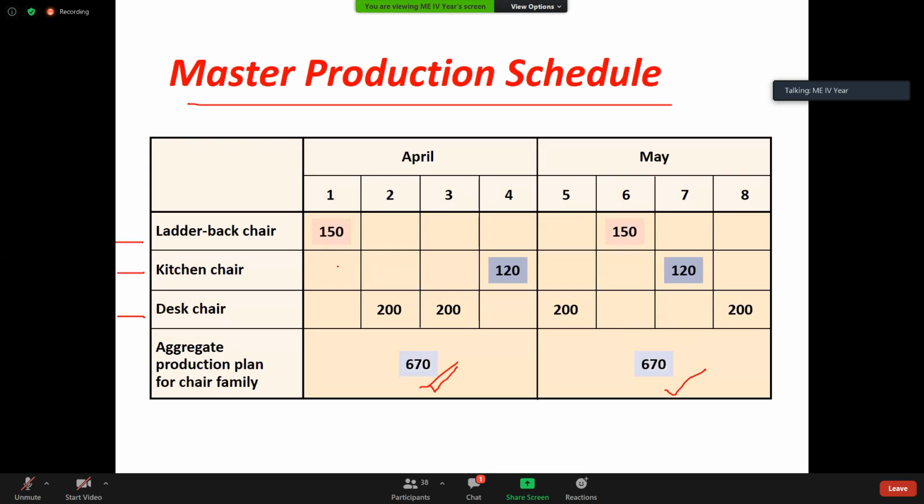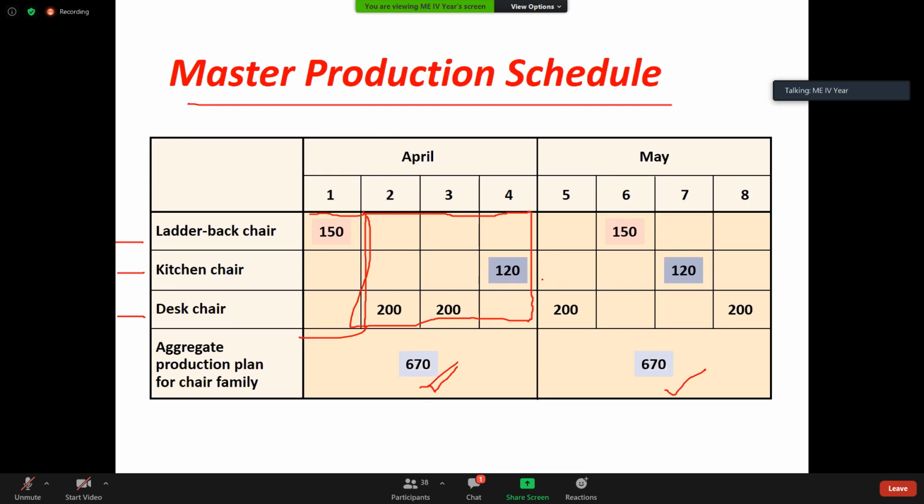In this case you could make everything in the first week itself, but what happens is the remaining three weeks the employees will be idle. That's why, to keep employees working and to utilize the main material quantity properly, they will make a different plan.